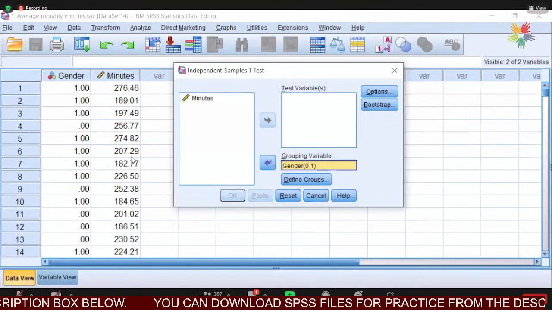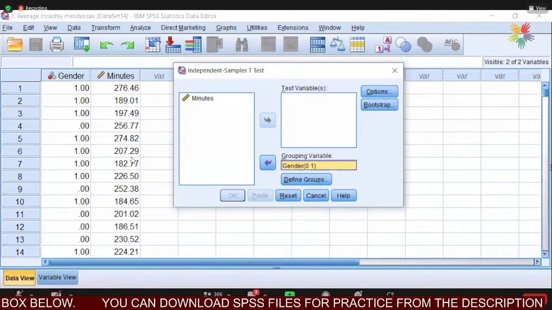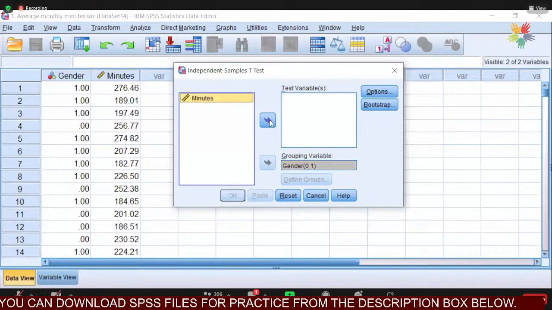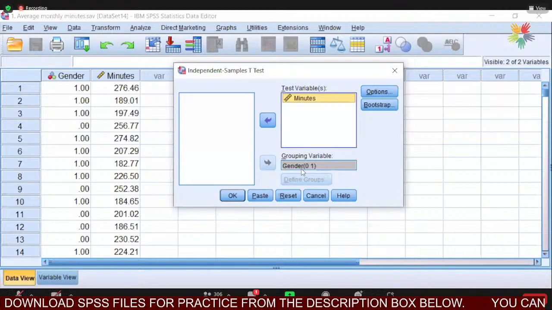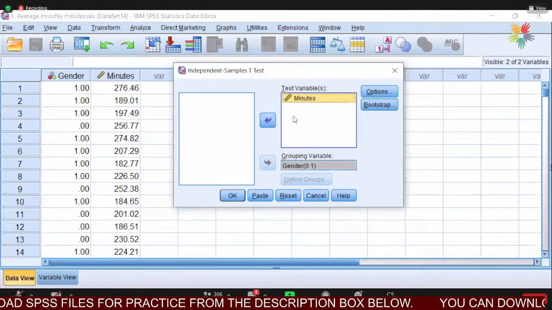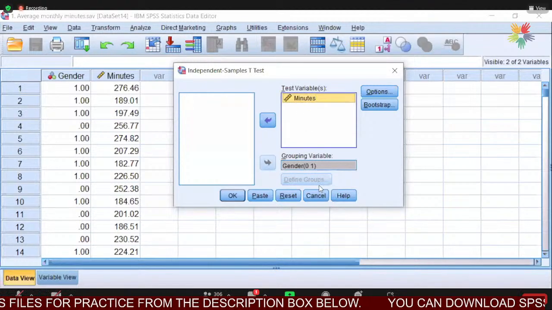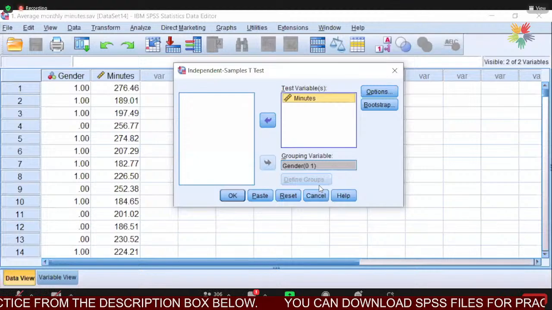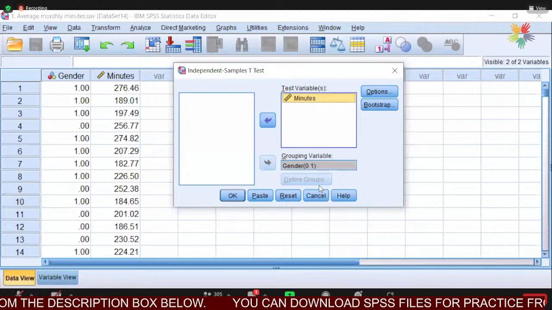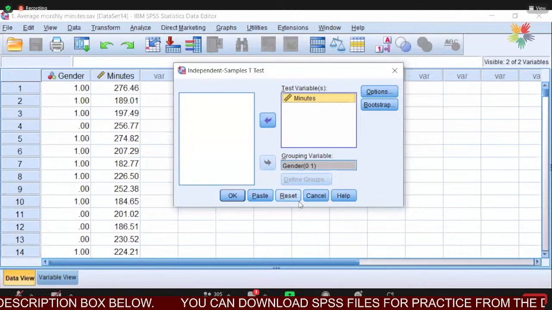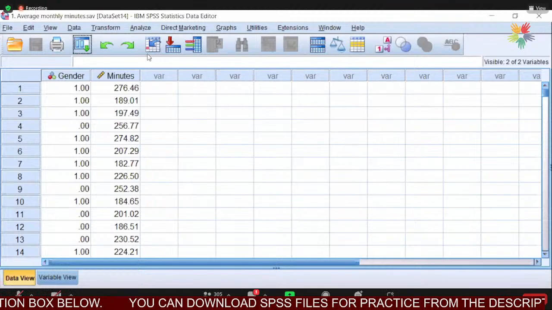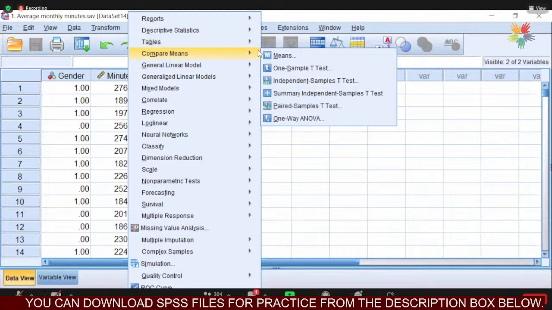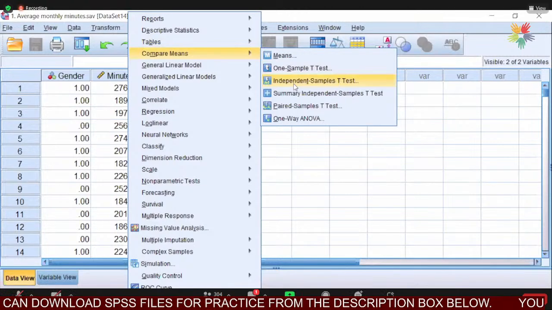So average monthly minutes, this is what we have done when we discussed it. Here I have put gender and minutes, to find out whether male and female are different, using the independent sample t-test. So let me perform it again. Analyze, compare means, independent sample t-test.